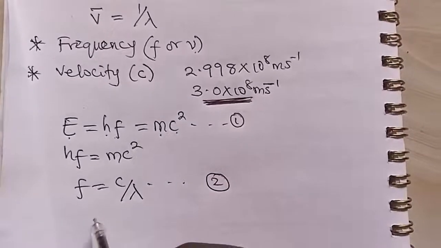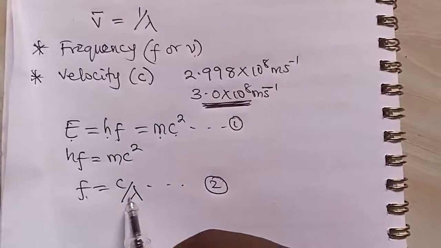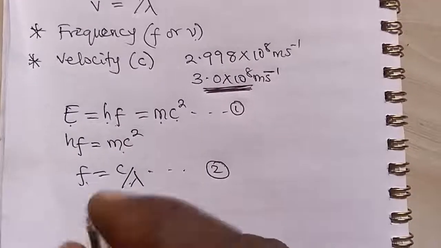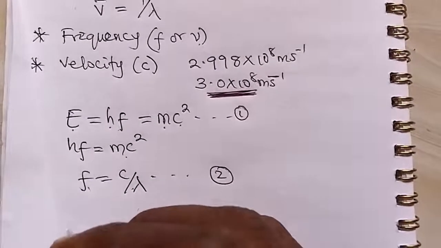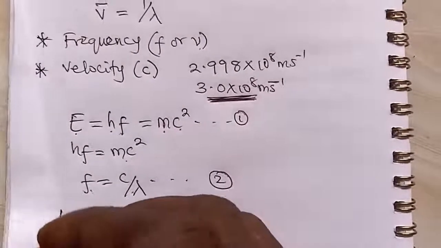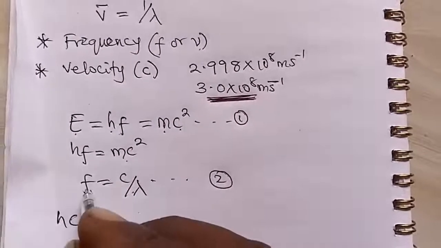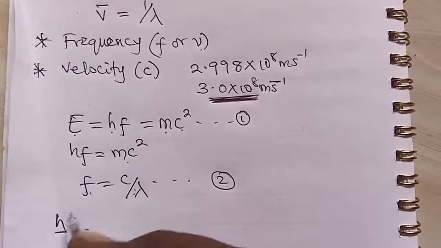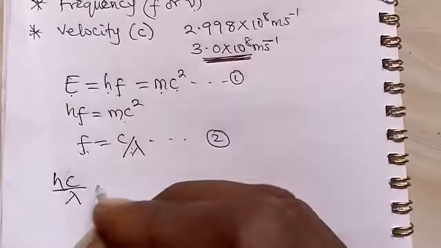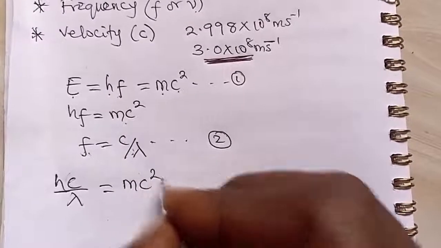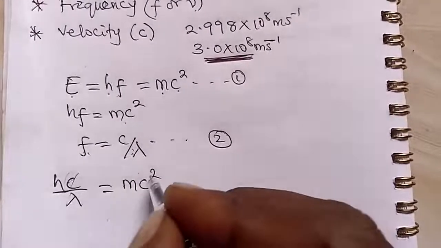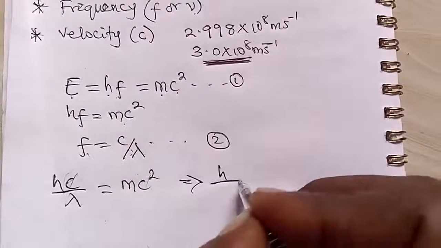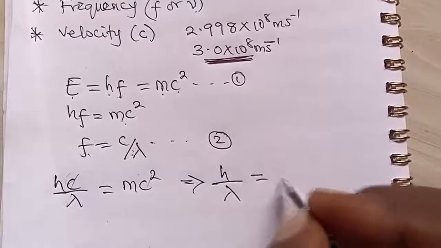If we bring in that f is equal to c over lambda and introduce it here, instead of writing f, we replace it with c over lambda. So hc over lambda is now equal to mc squared. Now we can remove one c here. What you have left is that h over lambda is equal to mc.